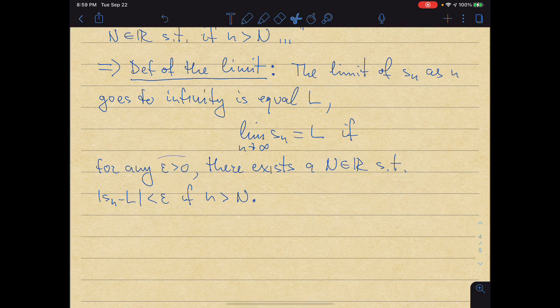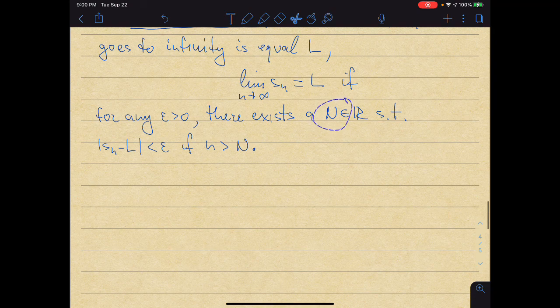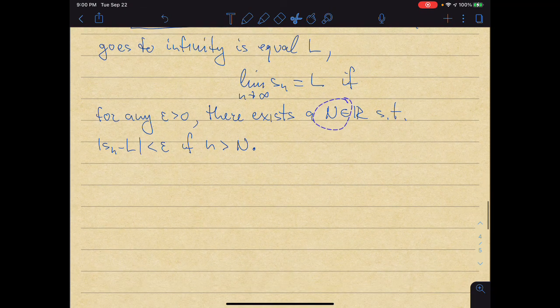I make epsilon even smaller, capital N is going to be even bigger, right? So the larger capital N is, the farther I move along my sequence, the closer Sn is to L.